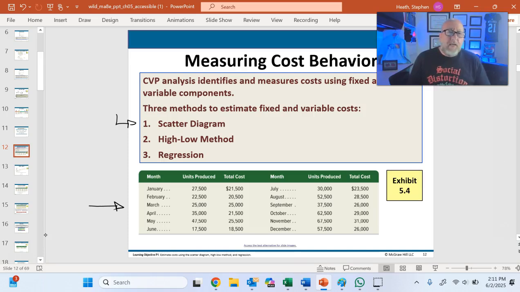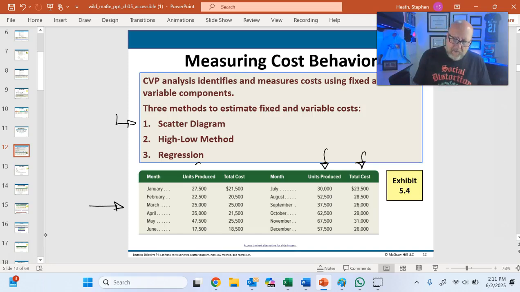Here are all the units that we're producing: 30,000 in January, 52,500 in February, and so forth. And then our associated total cost is the next column over: 23,500, 28,500, etc. So I have 12 months of information here.